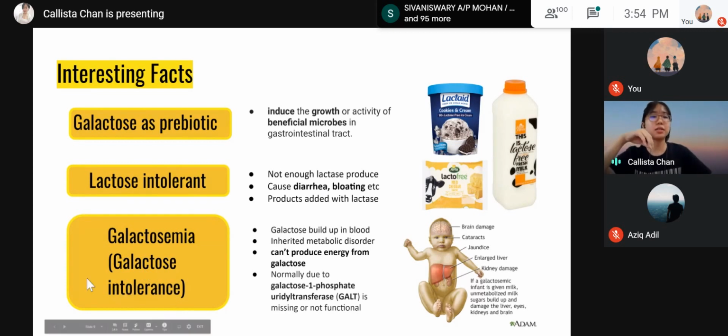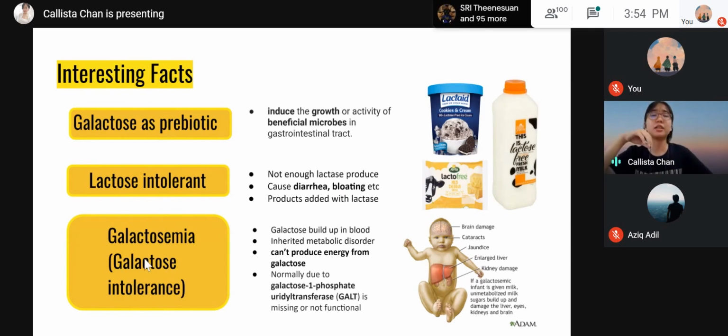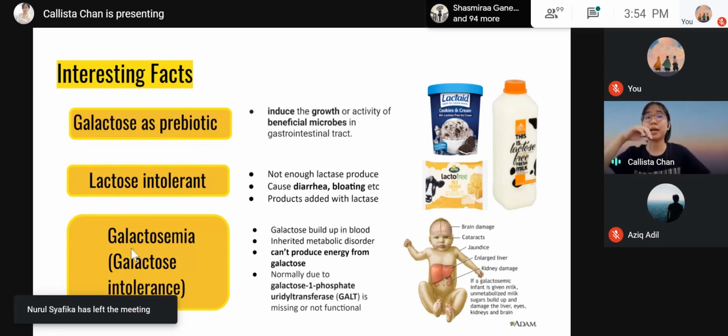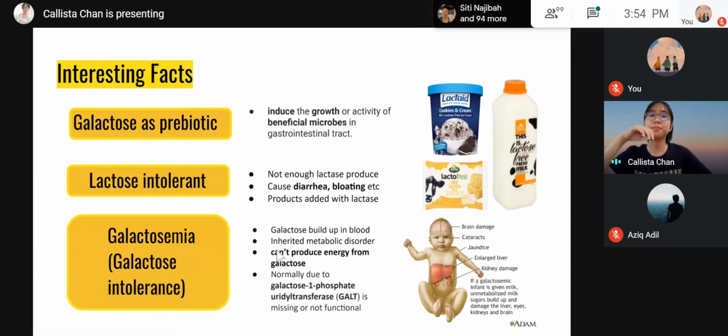Galactose intolerance and lactose intolerance are two different things. Galactose intolerance is much more disastrous because the body cannot digest the galactose and convert it into glucose to use as an energy source. So if an infant suffers from galactosemia, the galactose will build up in the blood, and this is a type of metabolic disorder.